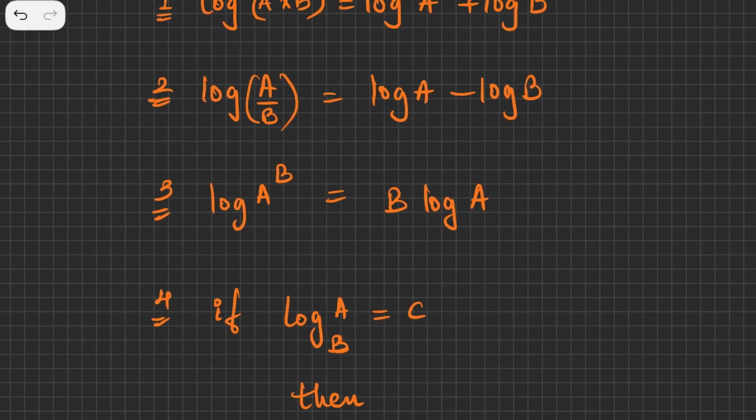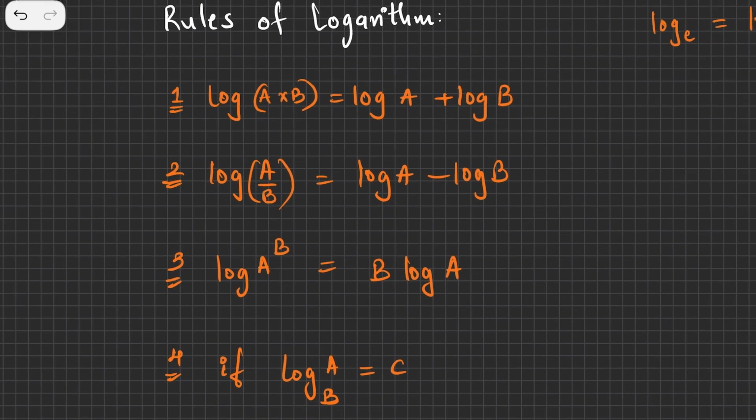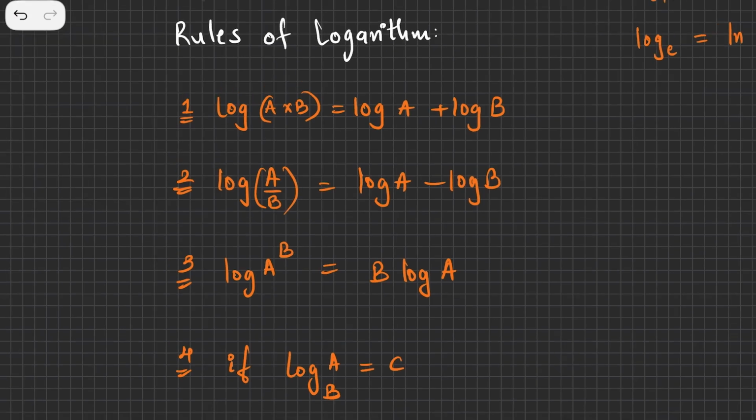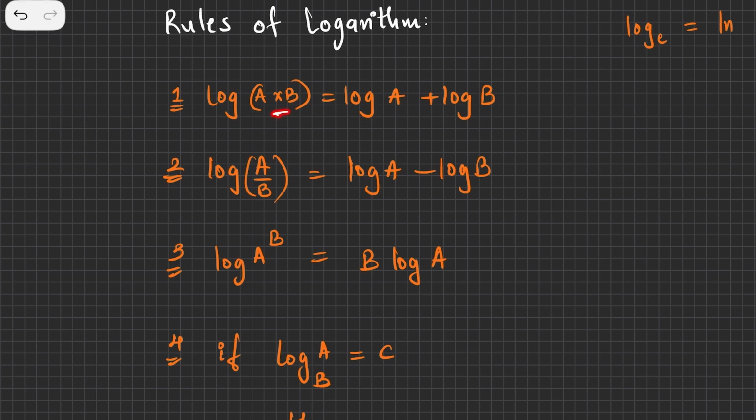So to summarize, there are 4 rules of logarithms. I am not saying that there isn't any other rule, but whatever is needed for calculation, I am just mentioning that part. Wherever there is a multiplication, you put a plus. Wherever there is a division, you put a minus. Wherever there is a power, you remove that power and bring it to the front.